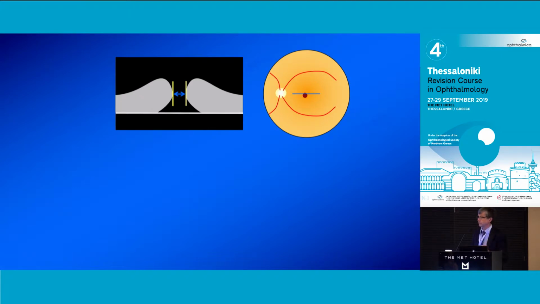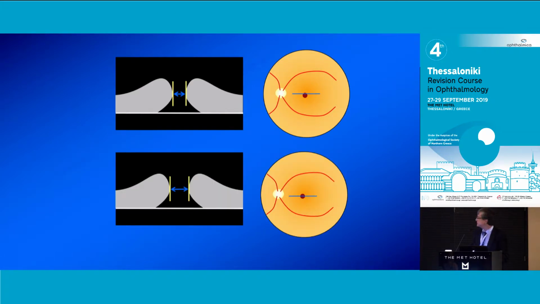It's the chord length of the hole. So you want to make sure that the section you're measuring on is the widest section, so you've really got the diameter. And then you choose the narrowest point of that and measure that. That gives you what's called the minimum linear diameter, or MLD. It's not always that easy to measure, and there's quite a bit of inter-observer variation, and so we're looking at other ways of measuring it in the future.